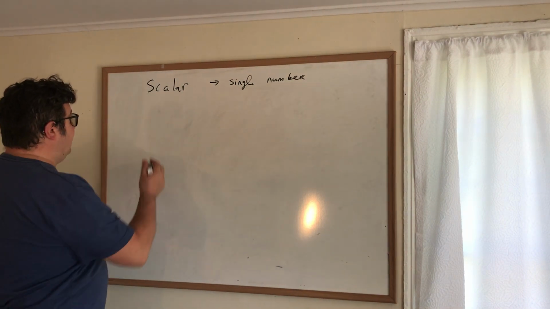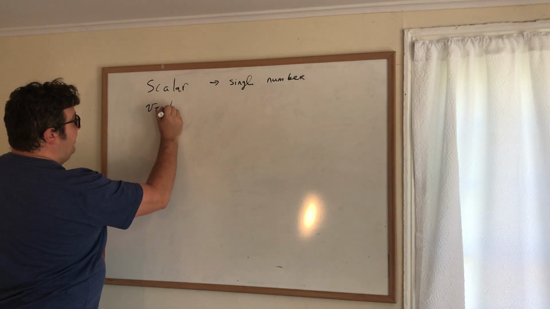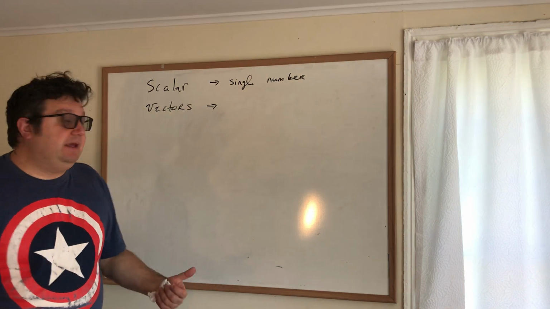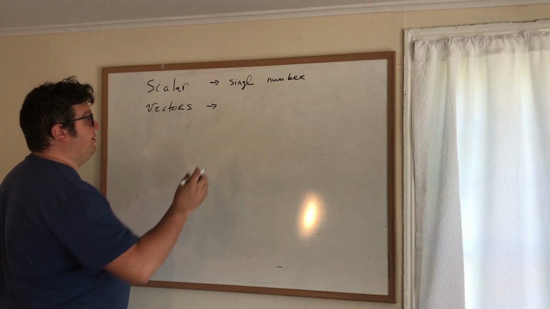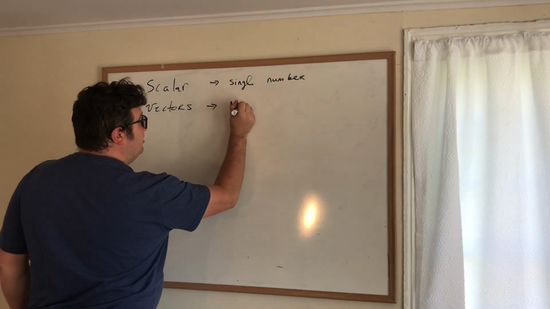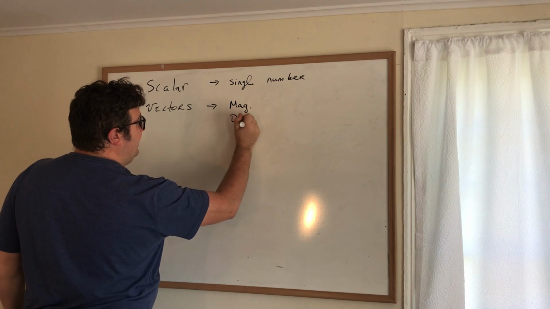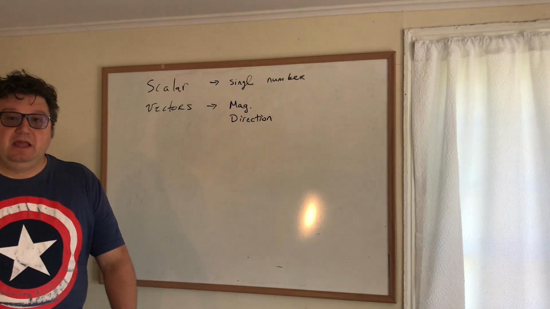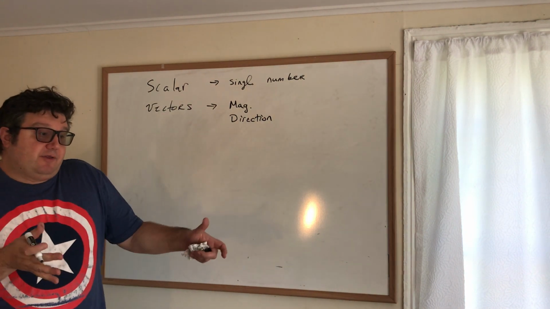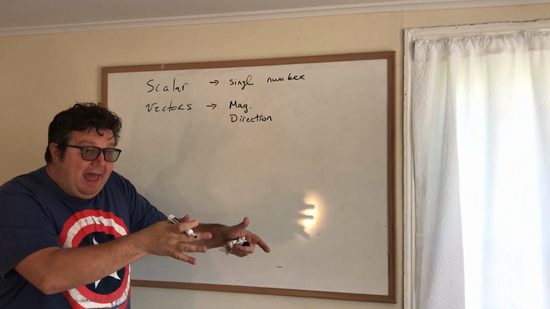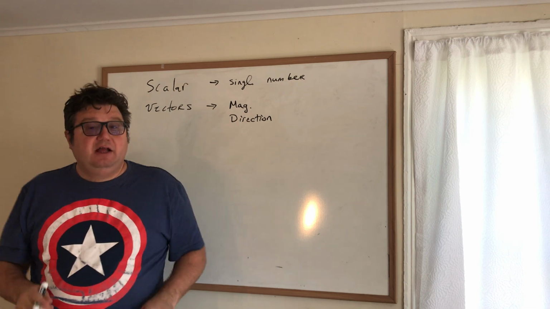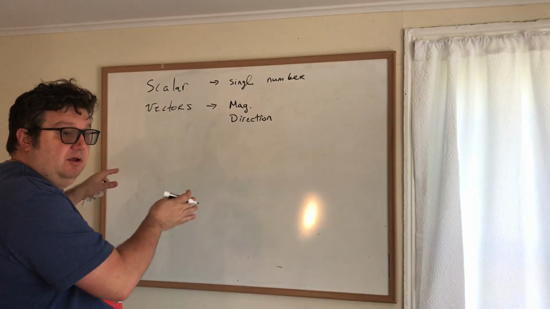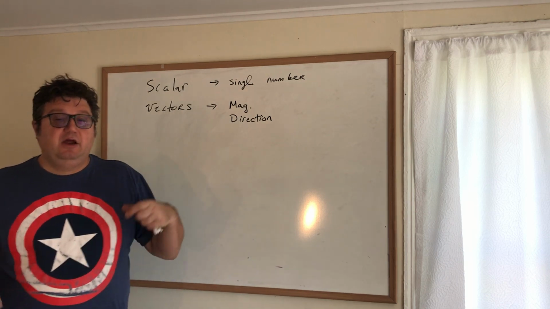Now, there are other things in physics which are called vectors, right? They're going to be categorized as having a magnitude and a direction. Okay? So, that's like saying I'm going 60 miles an hour on the highway and I'm going east, which is different than going 60 miles an hour on the highway and going west or north or south, right?